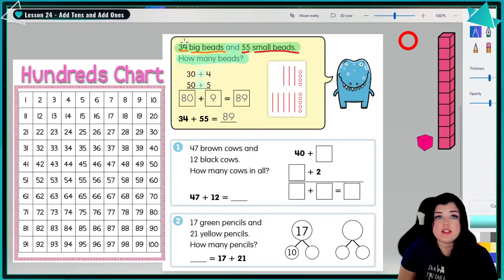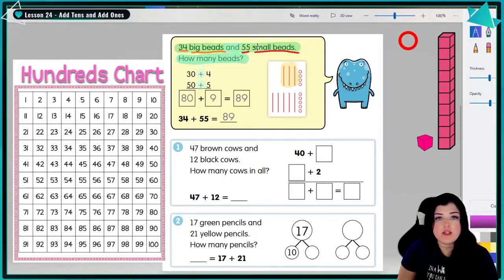Our first part is 34, and we know that 34 is made up of 3 groups of 10 and 4 ones. So we have our 3 groups of 10, 30, and our 4 ones, which makes 34.